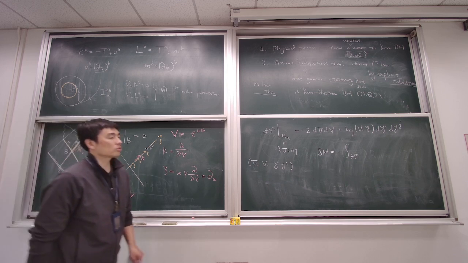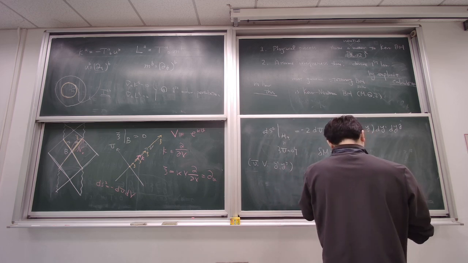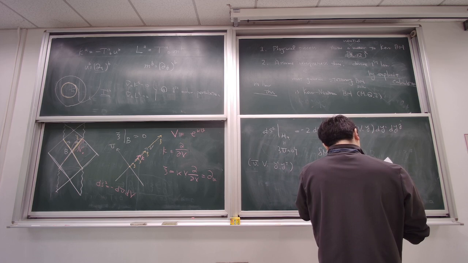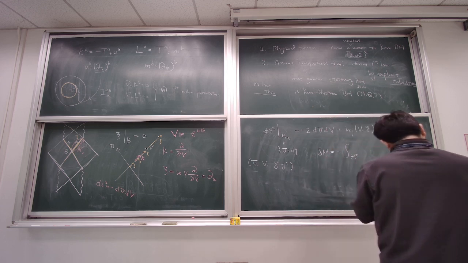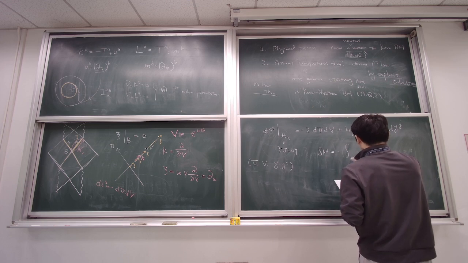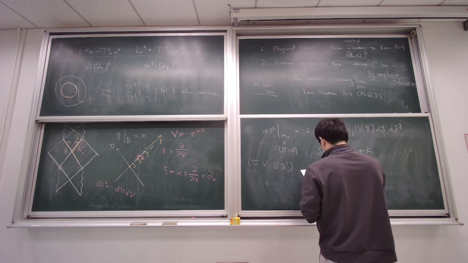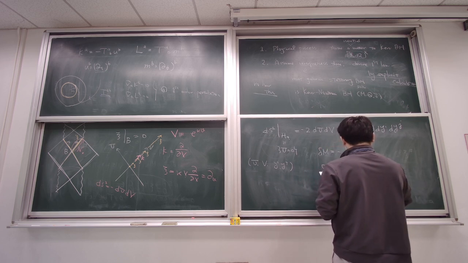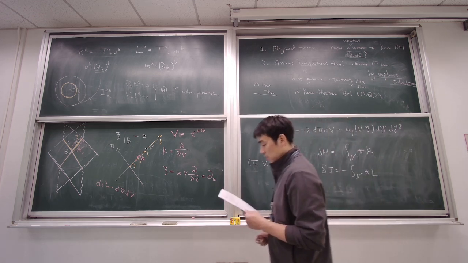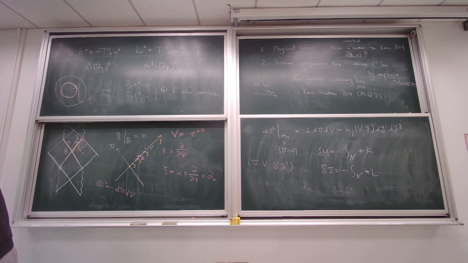Whichever, it's just notation. The way I wrote it is very strange in that case. Anyway, let's follow my lecture note: the Hodge star of k, and then delta J is minus the Hodge star of l. That's how you change the black hole.